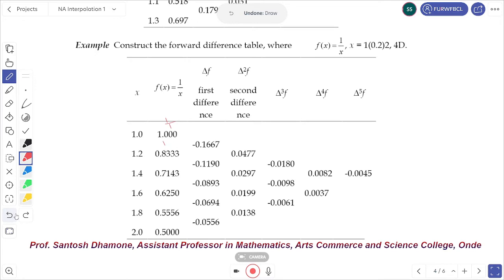Now you use the forward difference formula for this.